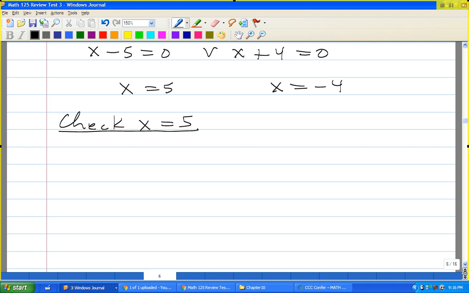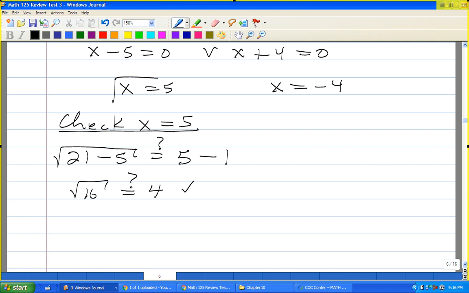Is the square root of 21 minus 5 equal to x minus 1, so 5 minus 1? 21 minus 5 is 16. 5 minus 1 is 4. Is the square root of 16 equal to 4? Sure.